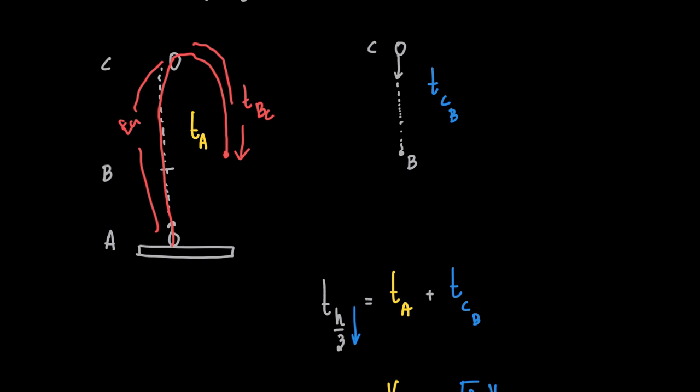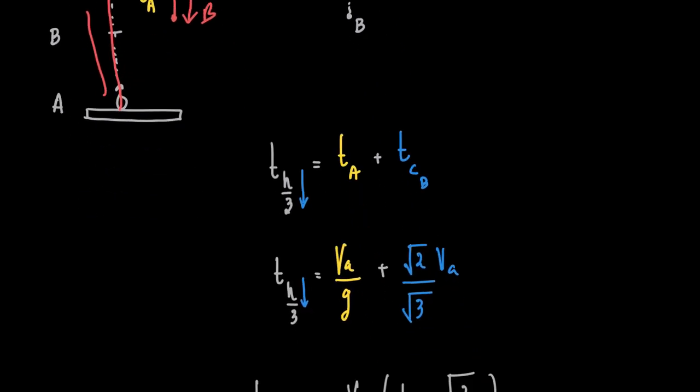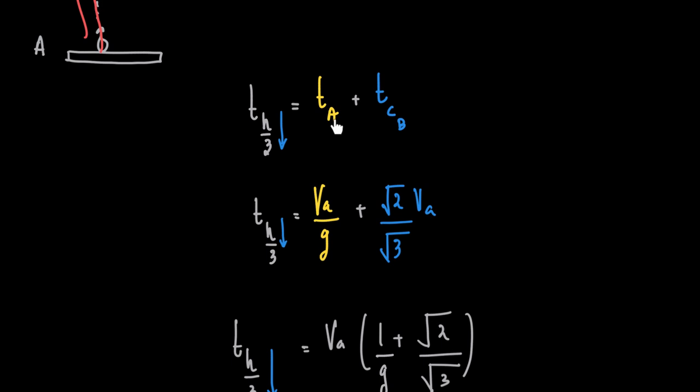Now, if I were to write this as an equation, time to reach h by 3 height while coming downwards is equal to the time to reach the apex position, or time of ascent, plus the time to reach the same position at B from C. What is the time to reach the apex position?